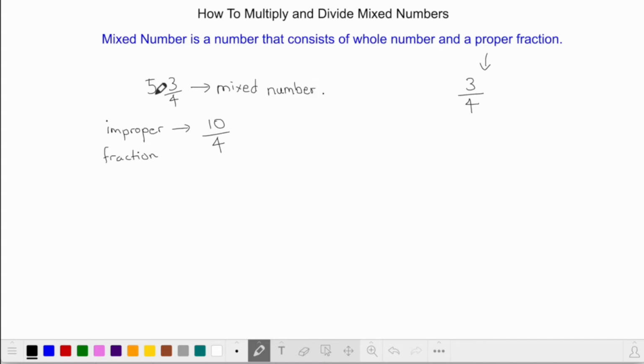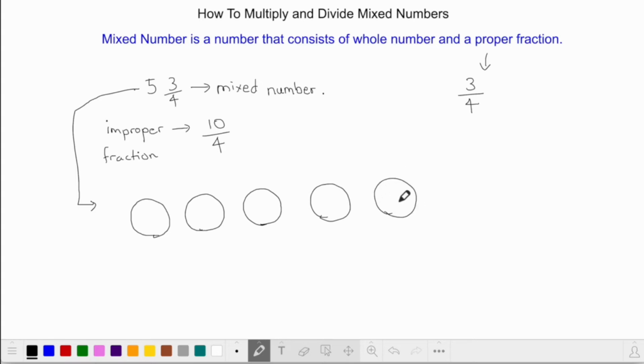So 5 3/4, let me give you an example in visuals, and let's take an example of pizza slices. So we have 5 whole pizzas, like this. And then we have another pizza that has been split into 4 pieces, and we have 3 remaining slices of pizza, and one slice is gone because someone ate it.